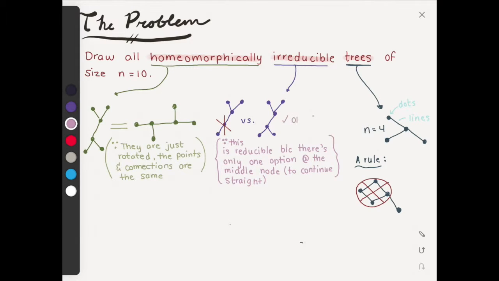However, this other node on the other one is okay, because whenever you go through that, you have the option of the endpoint. So what's actually interesting is that the creators of the movie made a mistake in the solution. The number of trees in the solution is actually 10.